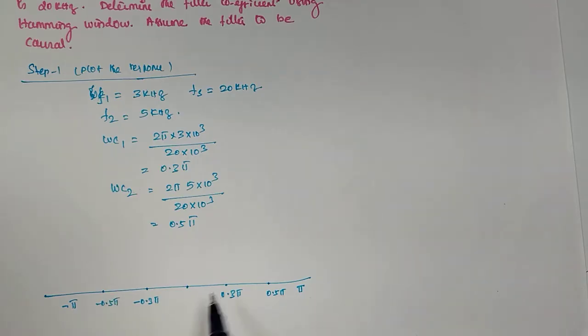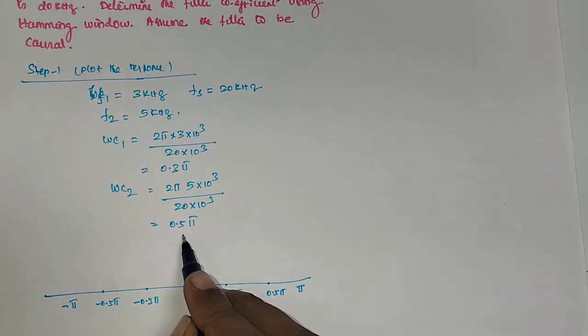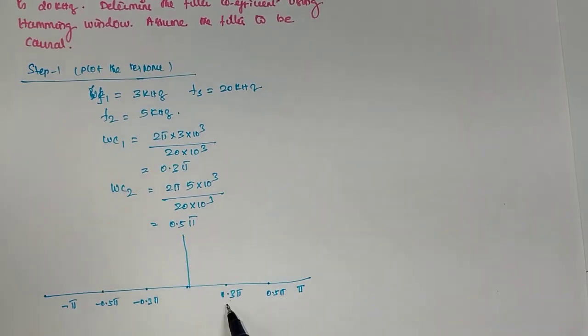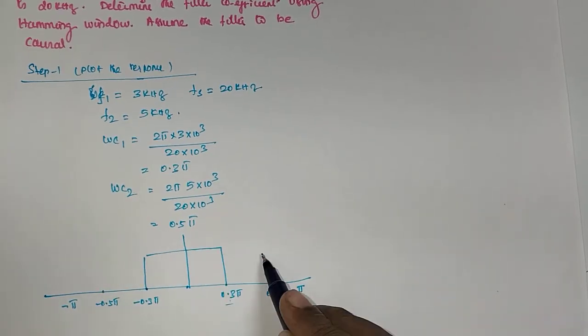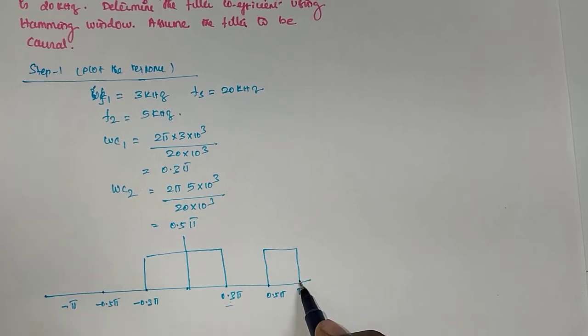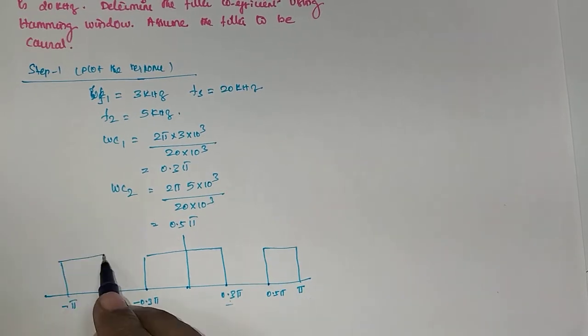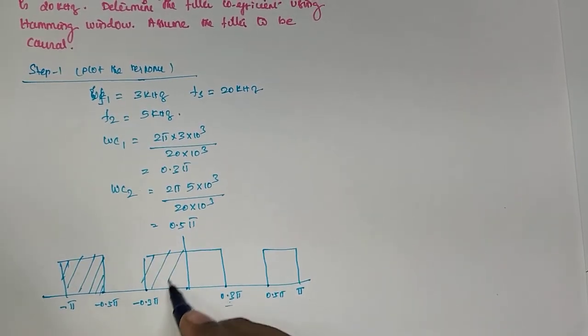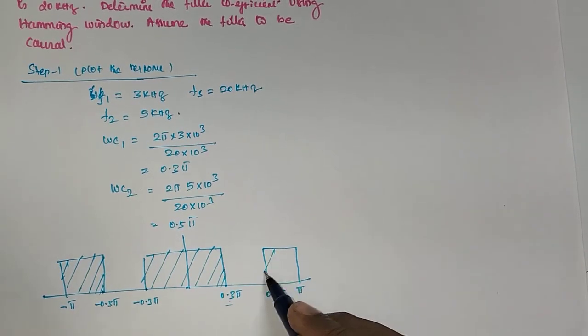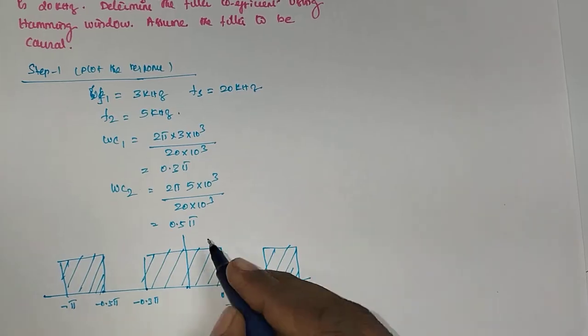Here it is a band stop filter for the frequencies between 0.3 pi and 0.5 pi. That is, you don't have the signal between 0.3 pi and 0.5 pi. For other frequencies you will have the signal. So this is the graph of a band reject filter or band stop filter. It is not an ideal filter.